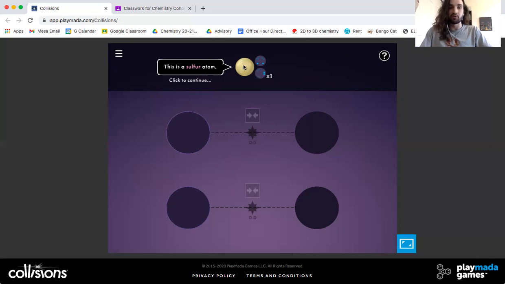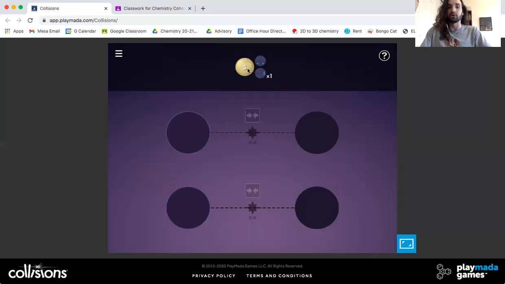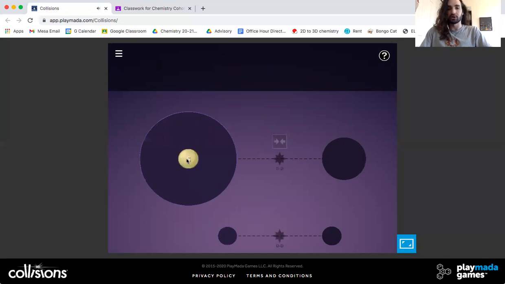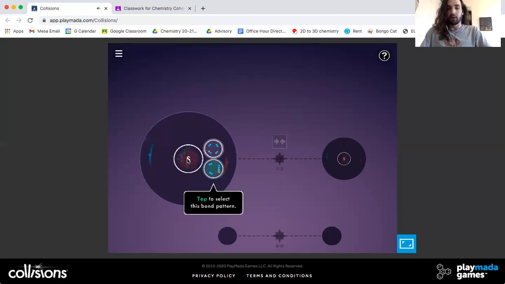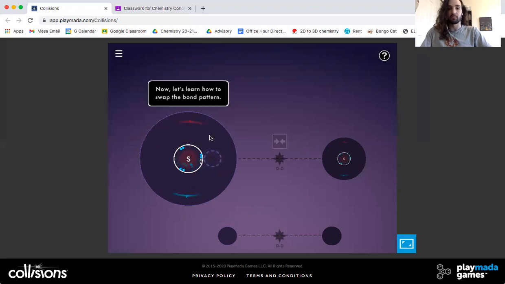So let's click this sulfur atom. Sulfur can bond in 2 different ways, forming 2 different molecular shapes. We're not going to worry too much about that. We've got different types of bond patterns here. This is just saying, do we want sulfur to bond to a couple of things or one thing? So we can select this one, and this one allows sulfur to double bond with one atom.